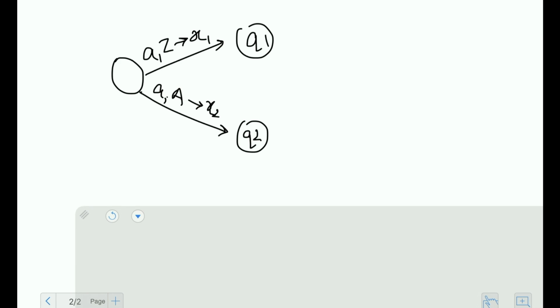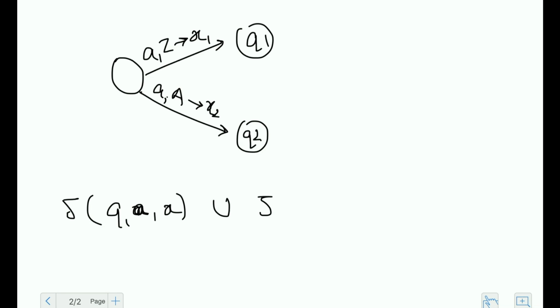So the formal condition that we give for a pushdown automaton to be deterministic is the following. We say that for it to be deterministic, delta of q comma a comma x union delta of q comma epsilon comma x should be at most one element. So this should be a singleton.